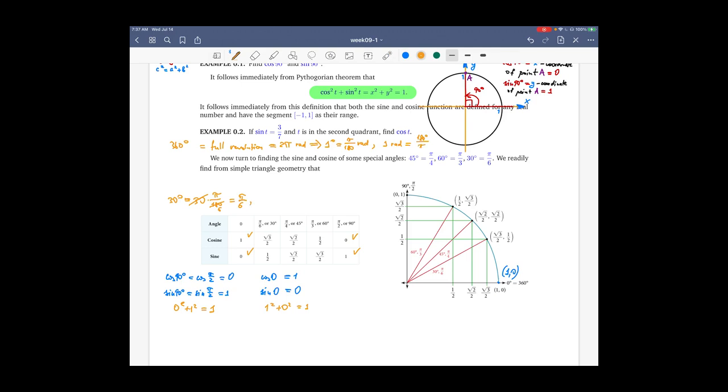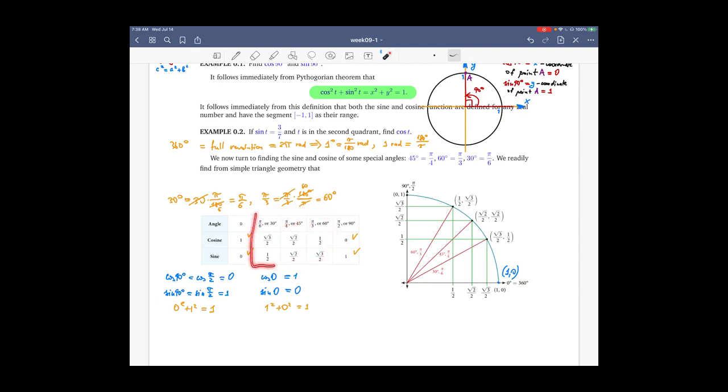So pi over 3 radians is pi over 3 times 180 degrees over pi. Upon cancellation, we get 60 degrees. All right, the argument for pi over 4 and 45 degrees is exactly the same.